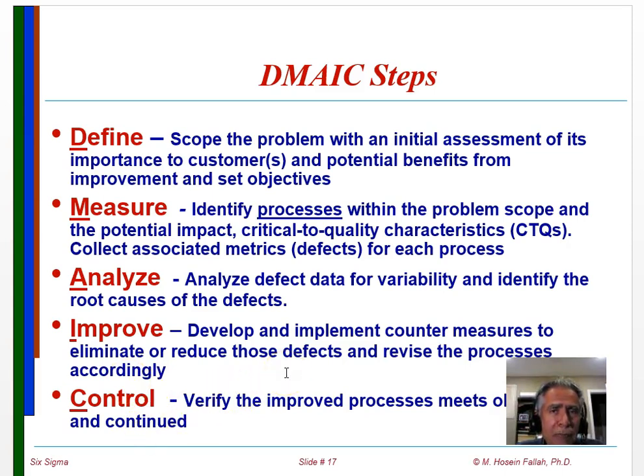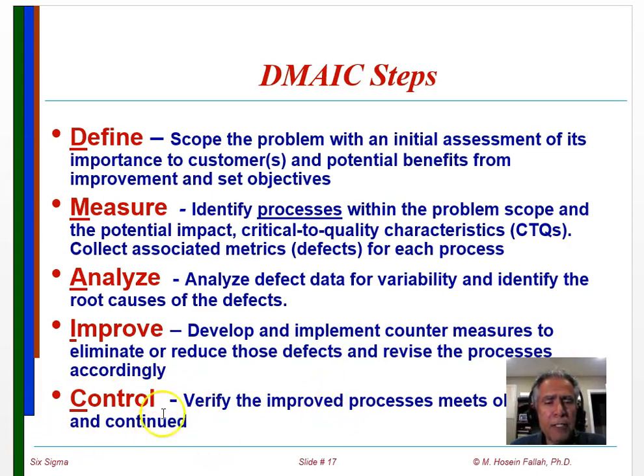Then once they have identified the countermeasures, normally you pilot them and see whether they actually have the impact that was intended. And with that validation, the improvement can be deployed to the entire process or entire organization.